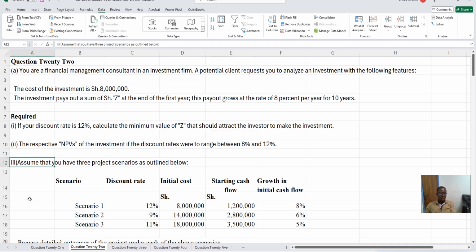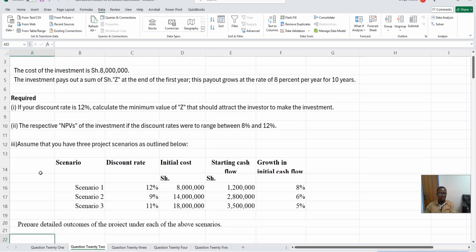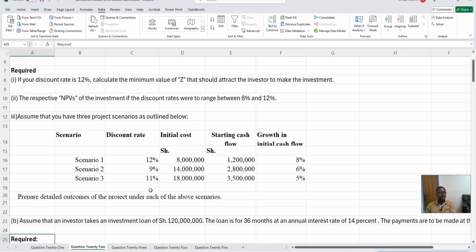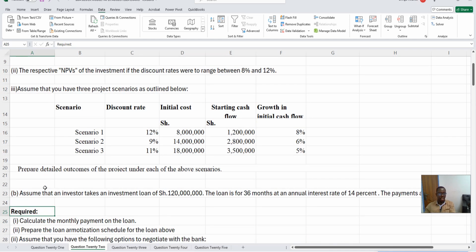The other part you are asked here: assume that you have 3 project scenarios as outlined below. Prepare a detailed outcome of the project under each of the above scenarios. Part B of the question: assume that an investor takes an investment loan of 120 million.